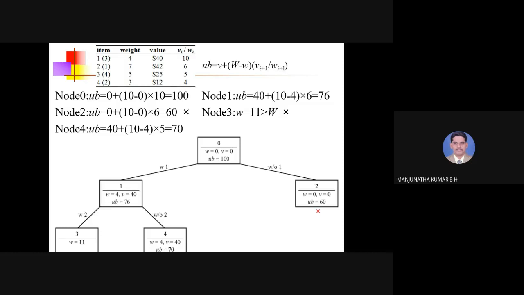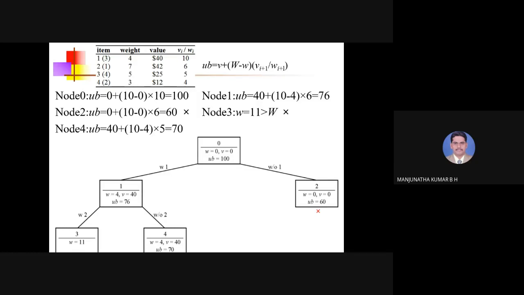Okay, upper bound is equal to V. V is how much for node 4? 40 plus the remaining capacity. Remaining capacity is the maximum capacity minus the current weight. So 10 minus 4, into the next item you are going to consider.